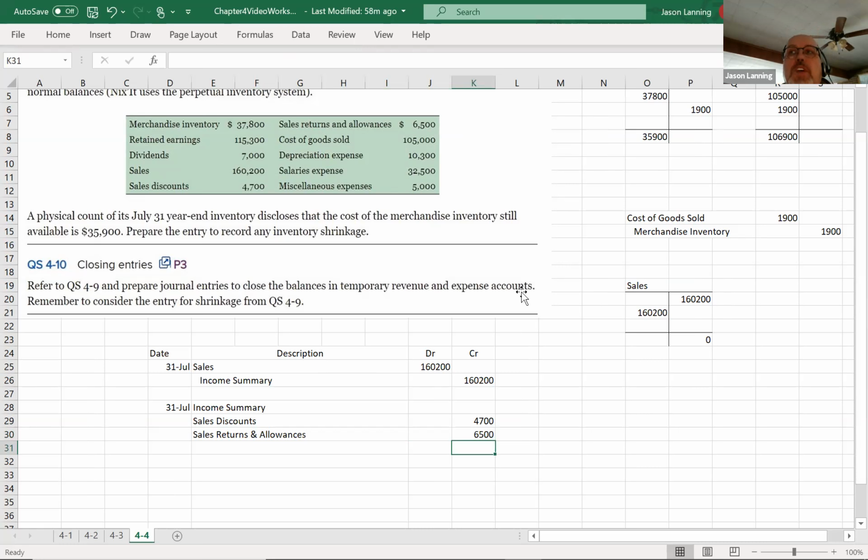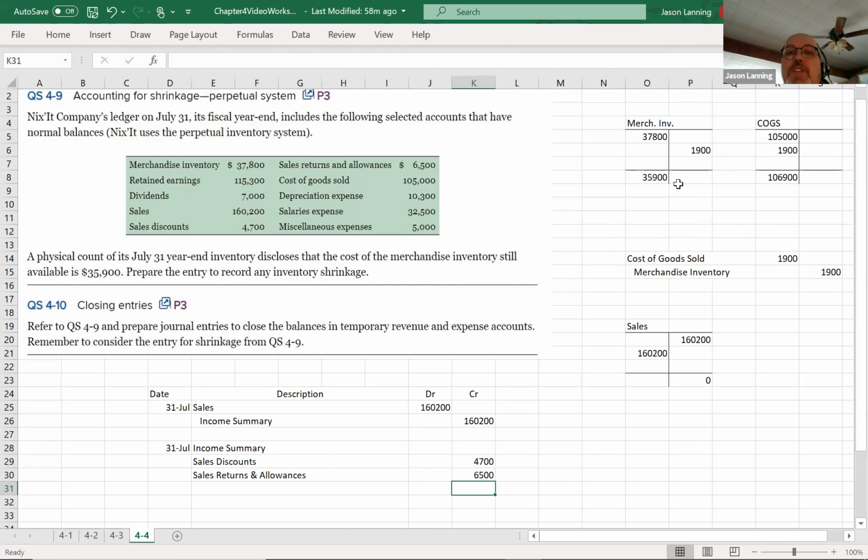Now, cost of goods sold is an expense, but remember, we had to adjust that here. So it's not the 105, it's 1,069. Cost of goods sold. And what was that again? 1,069. Okay.